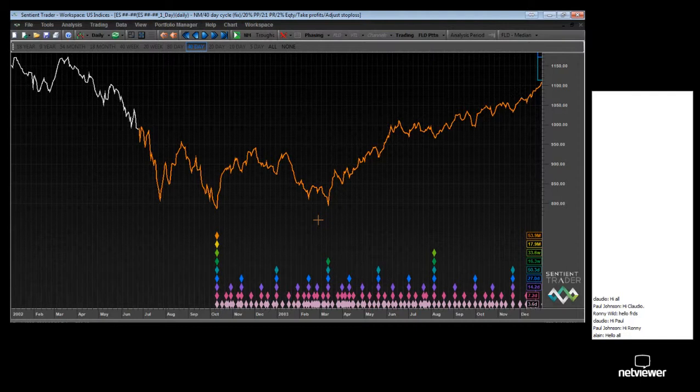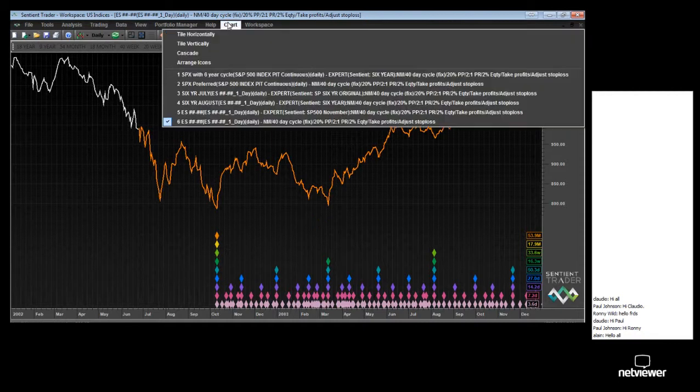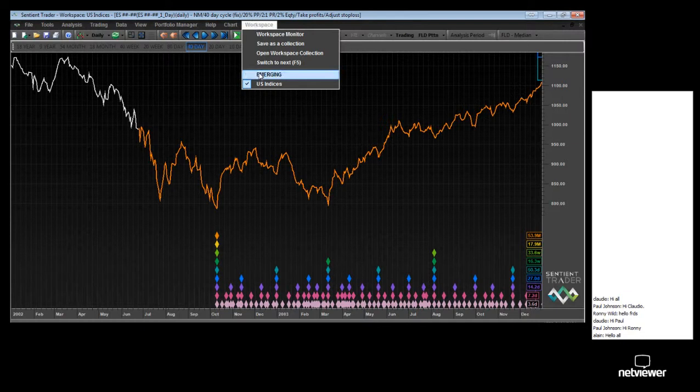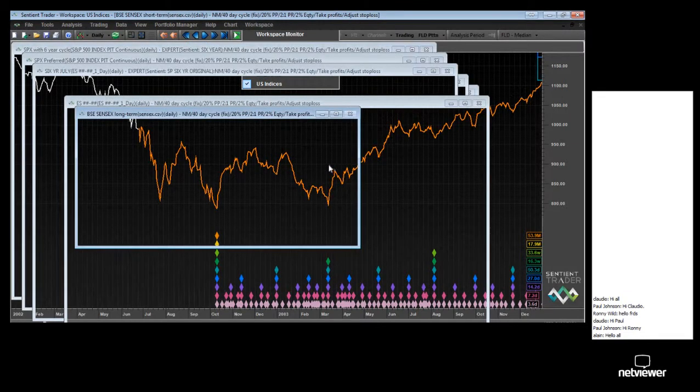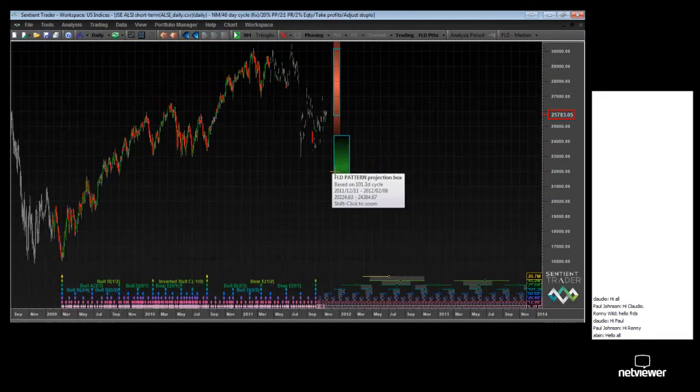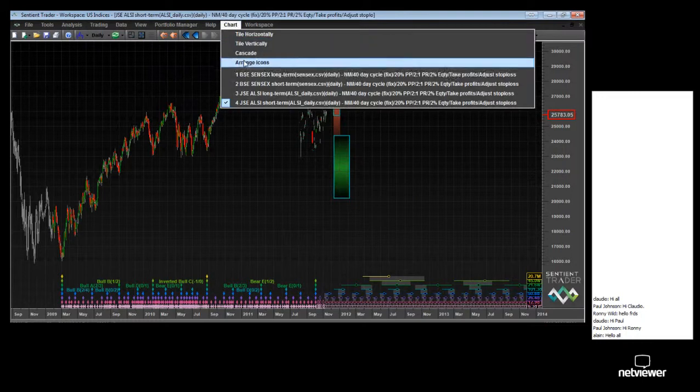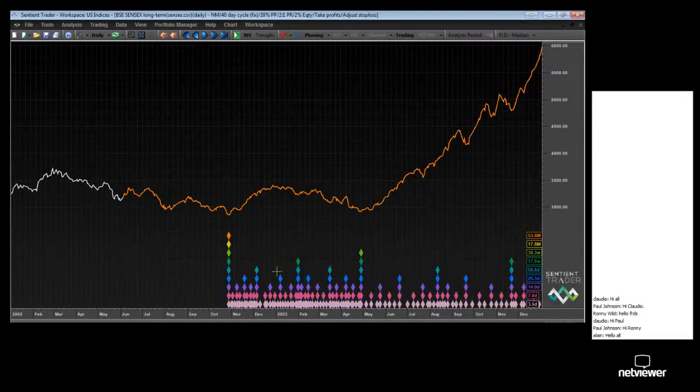Okay, so I believe keeping an eye on emerging markets is really, really important, because emerging markets work with the same cycles, but often they can help to sort out which cycles are really prominent and which should be considered less prominent in other markets when there is some degree of confusion.